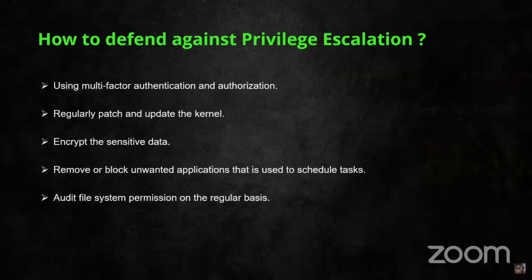Once the task is performed, the script will also execute with the help of that task. So just remove the unwanted or third party applications that are used to schedule tasks, right? Because with the help of that we can perform privilege escalation or some other attacks, right?